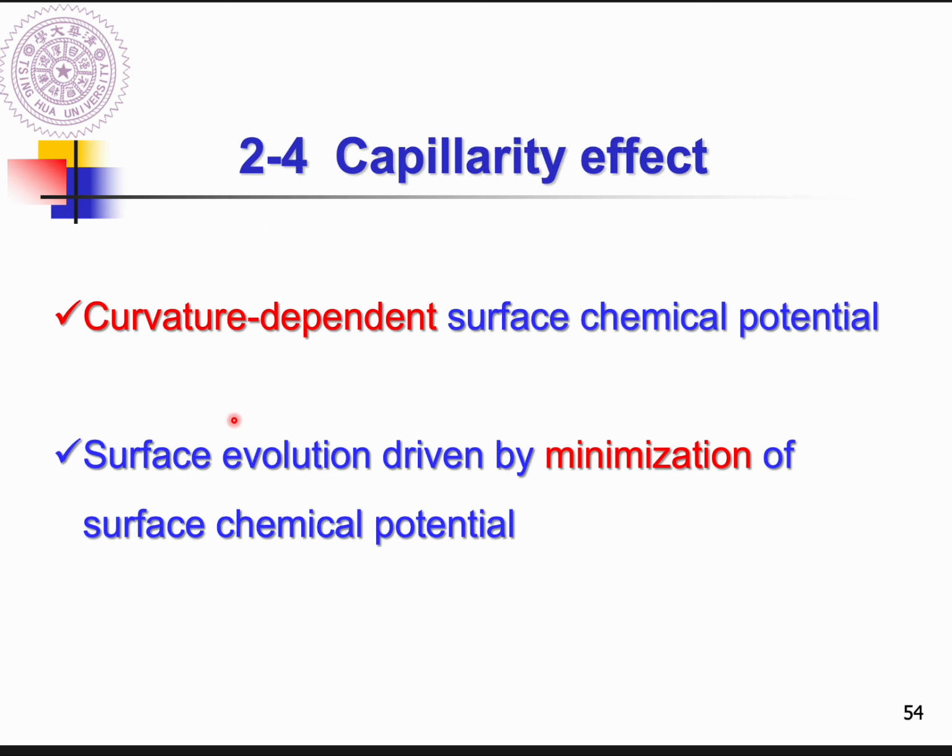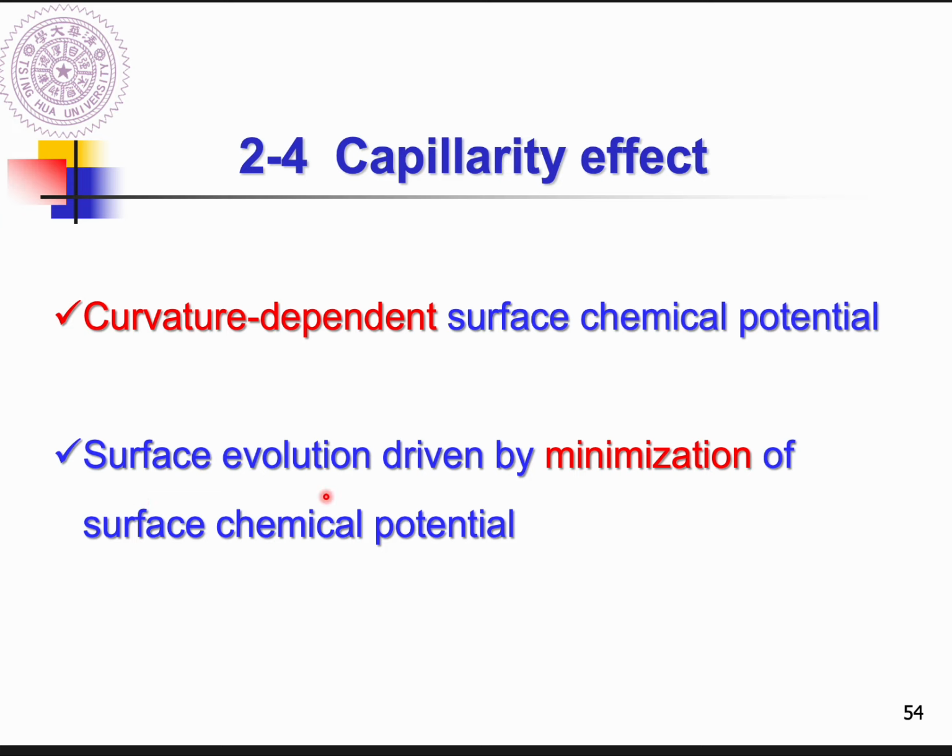Okay, so let's move to the fourth section, entitled capillarity effect. Capillarity effect means the curvature dependent surface chemical potential, which means there's a variation in surface chemical potential because we have curved materials.